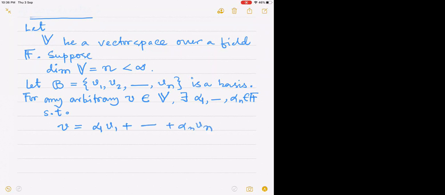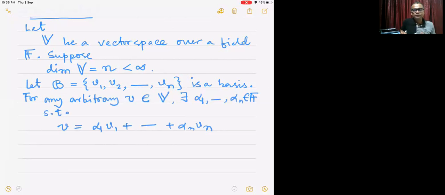So this is the expression of the arbitrary vector v as a linear combination of v1 up to vn, because v1 up to vn generates all of V as linear combinations. It means that for any arbitrary vector v, there should be such a linear combination, right?